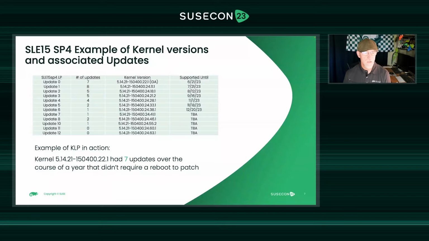We can see then update 1 came out with 24.11.1. Update 2 went to the kernel 24.18.1. Update 3, etc., went to 24.22.1. And so you can see we've had a number of different kernel versions for SLE 15 SP4. Each one is supported for a year, and in that year time frame, you'll see a number of updates for that specific kernel.